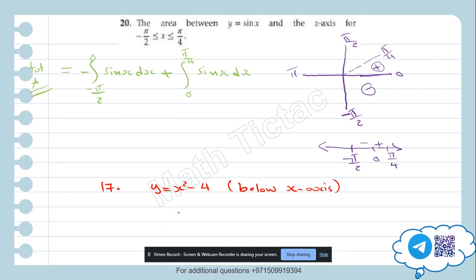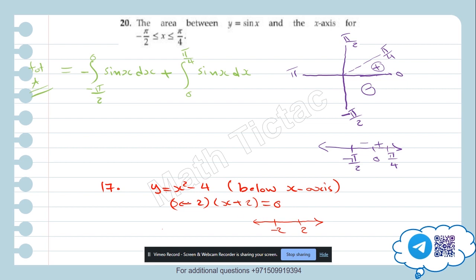So in here, first of all, we need the one below the x-axis. So in here, x minus 2 times x plus 2 equal to 0. Okay, now in here, I have minus 2 and I have 2.